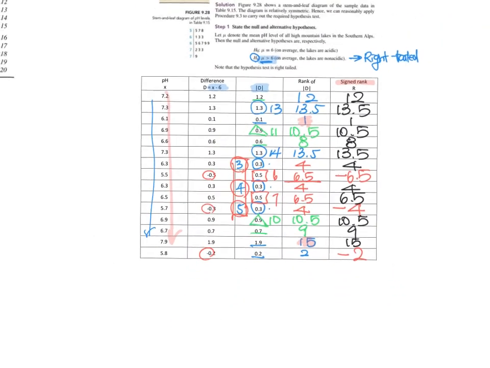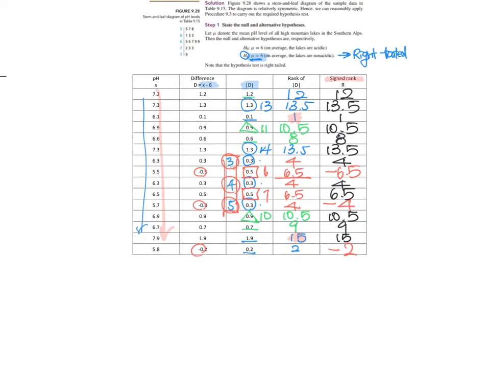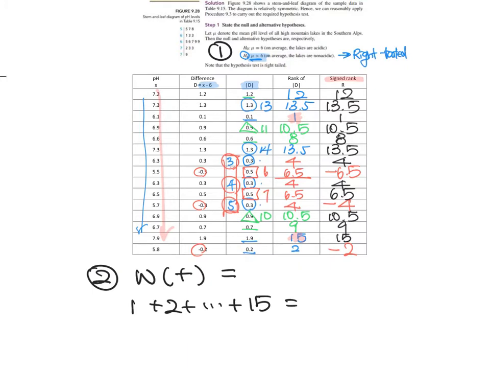Now we need the test statistic. So here is step number 1, the hypothesis. And the second one, we need the test statistic, W. It is the sum of the positive ranks. Let me give you a tip. When I add from 1 to 15, even though we got ties and assigned the average ranks, it doesn't matter.